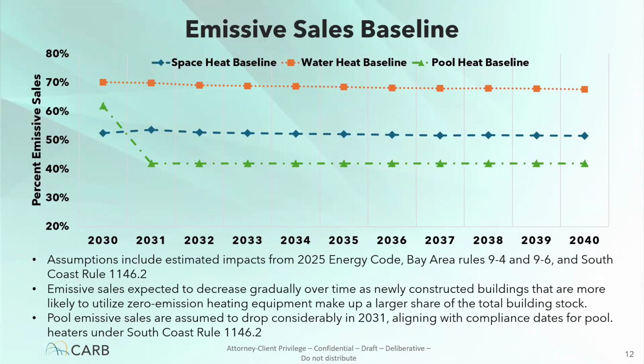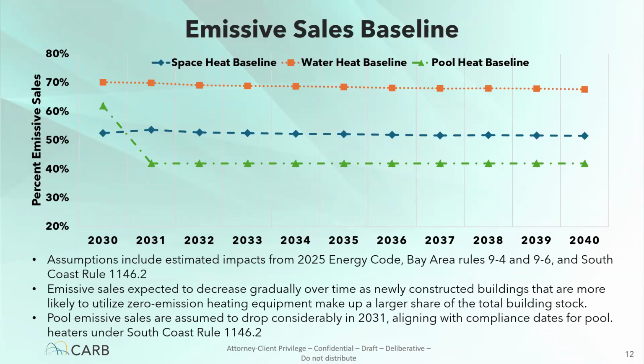These estimates reflect the impact of existing rules and regulations that are really expected to drive down emissive equipment sales over time, including the 2025 Energy Code, as well as the Zero NOx Bay Area District Rules 9.4 and 9.6, and the South Coast Rule 1146.2.